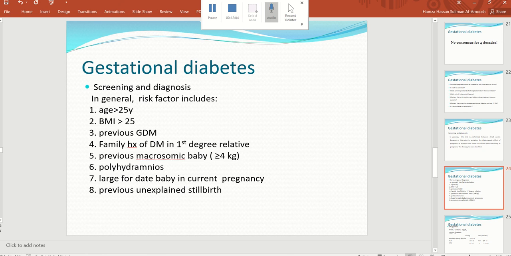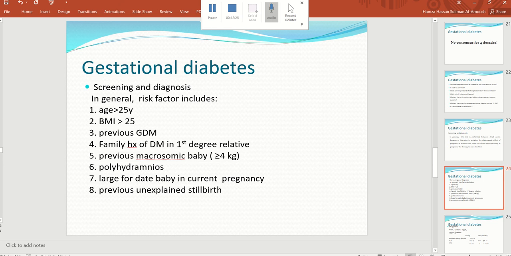Now, do we screen everybody? This is one of the debatable issues about gestational diabetes. We don't screen everybody between 24 and 28 weeks, but we screen everybody at the beginning of pregnancy.